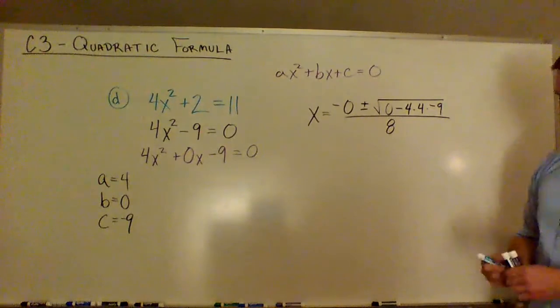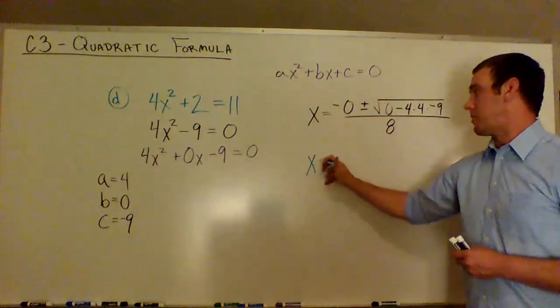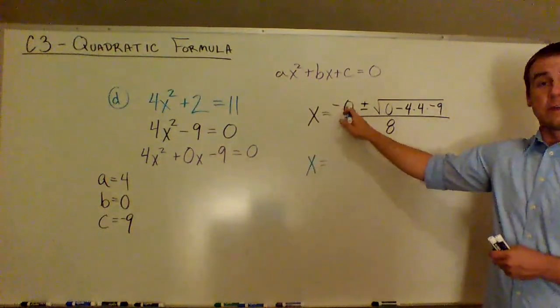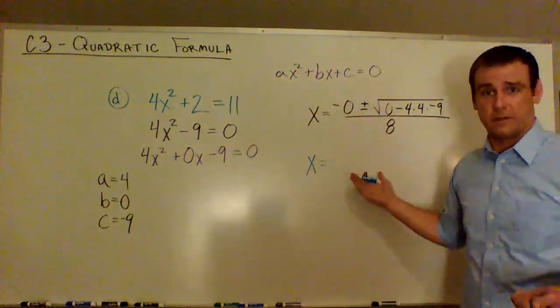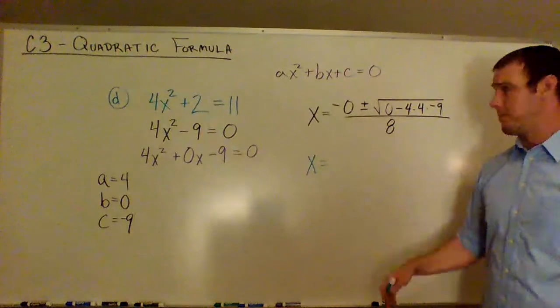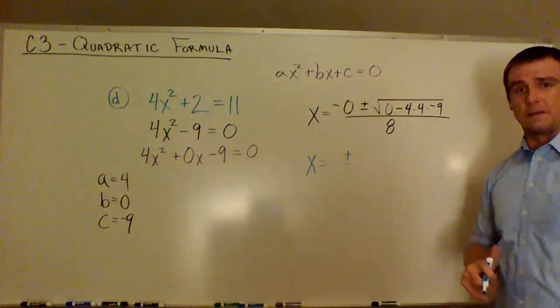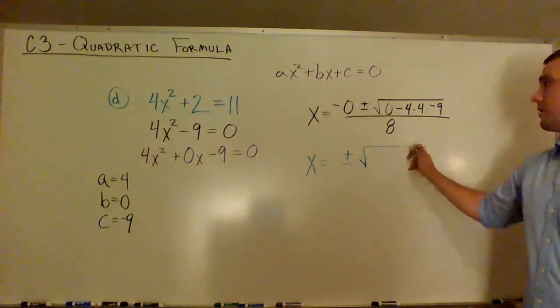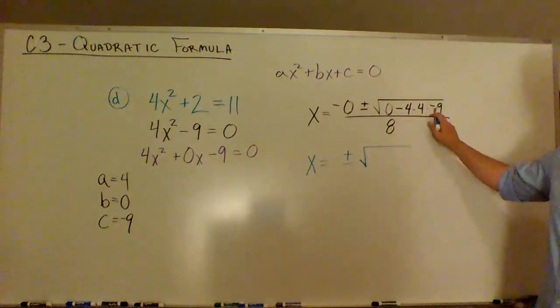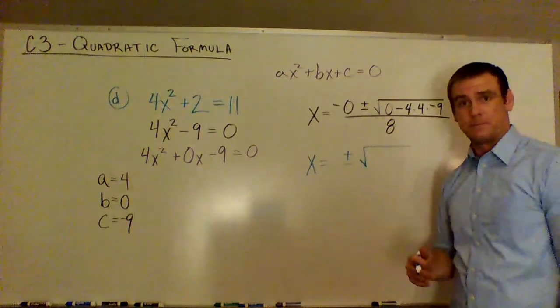So, when I split this up, I don't really need to split this up because I get 0 over 8 plus or minus. Well, 0 over 8 is 0. We can just wipe that guy out. It's just going to be a plus or minus now. Here we have the square root. Negative times a negative makes a positive.